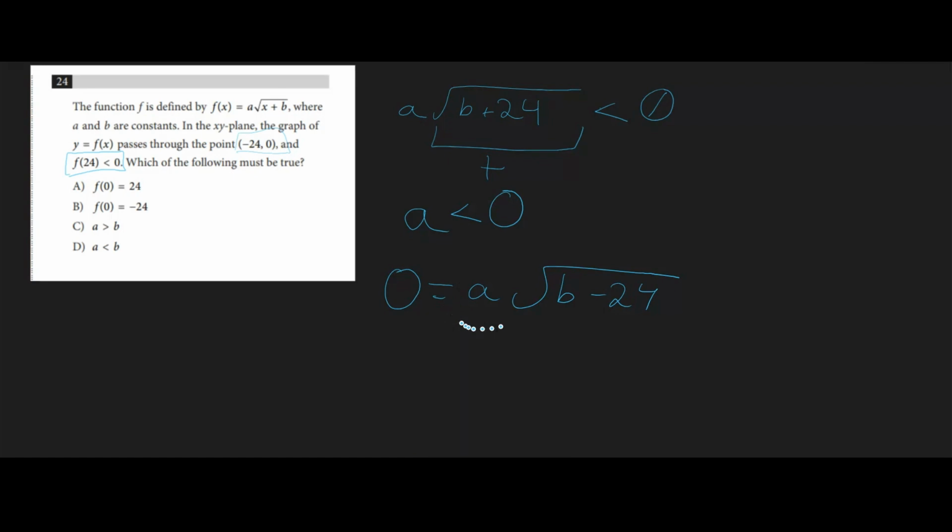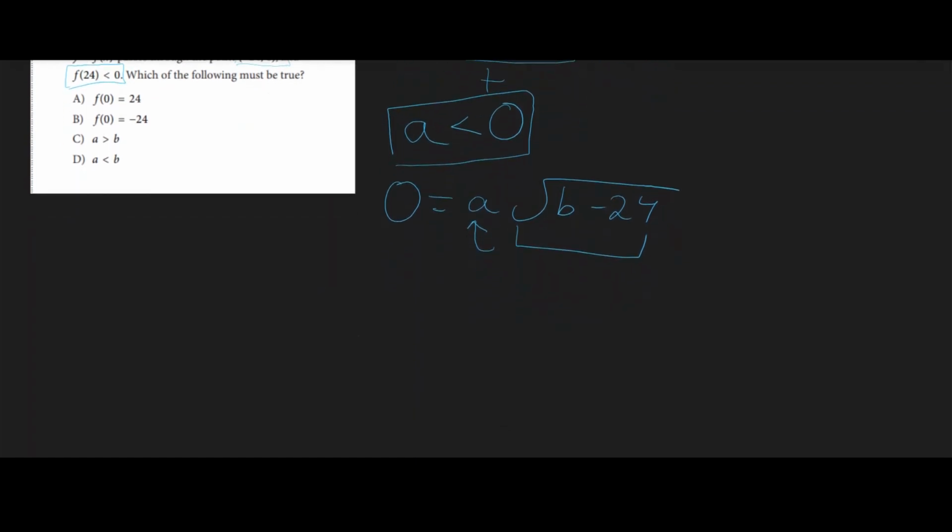Well, the only way that two numbers can be multiplied together and equal 0 is if one of the numbers is 0, or one of the terms evaluates to 0. So we already know that a can't be 0, because remember we figured out that a is going to be less than 0. So that can't be 0, meaning this term has to evaluate to 0.